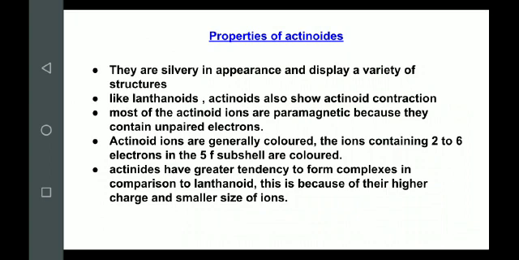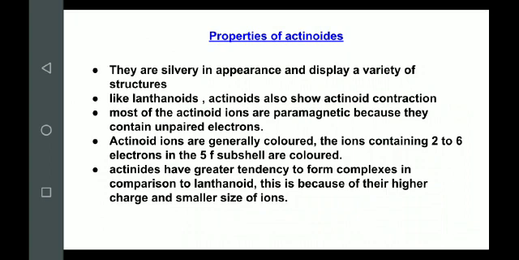When we discuss actinoid contraction, you will find that the actinoid contraction is greater than the lanthanoid contraction because the shielding effect of 5f is poorer than that of the 4f orbital.